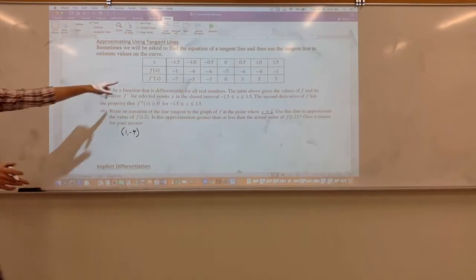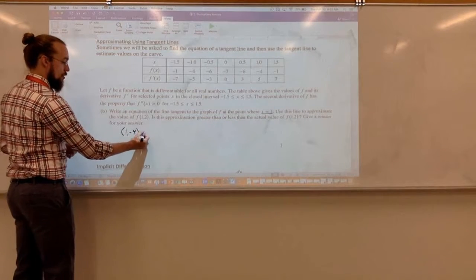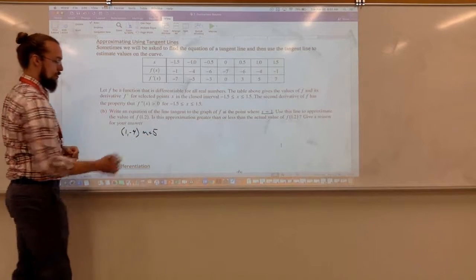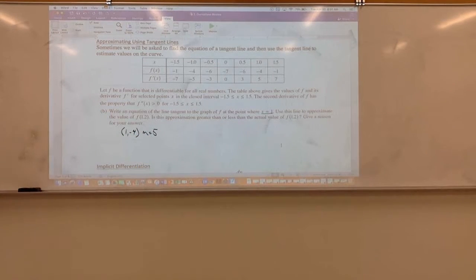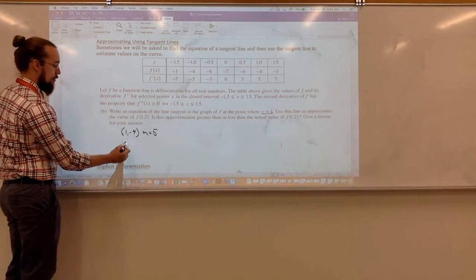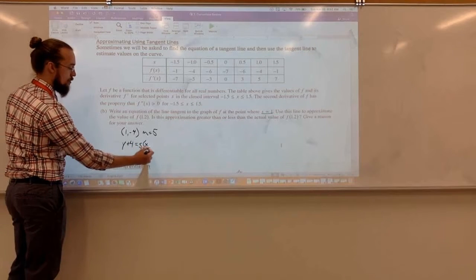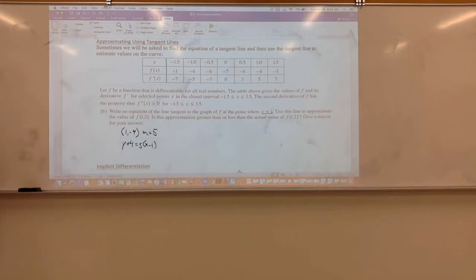It tells me that f prime of 1 is 5. So I can collect the information I need just from the table. I didn't have to do any work, find any derivatives or anything. So the equation of my tangent line here would be y minus -4, so y plus 4 equals 5 times x minus 1.